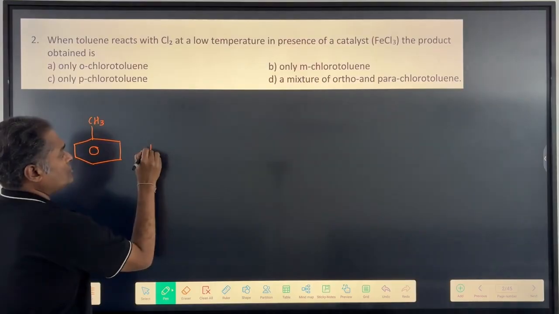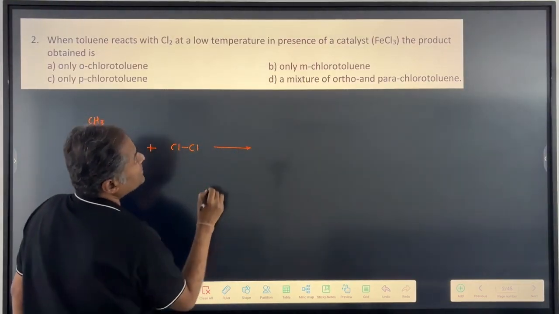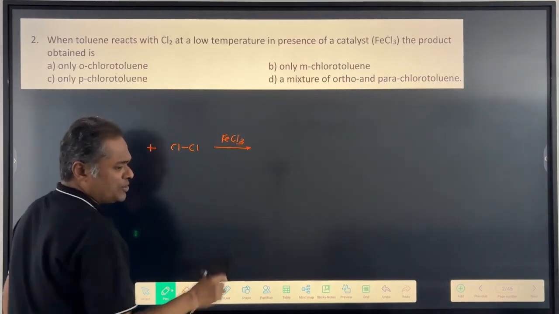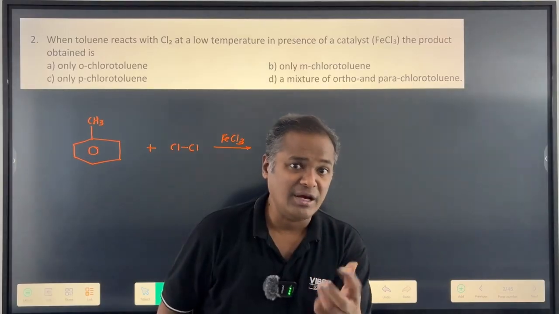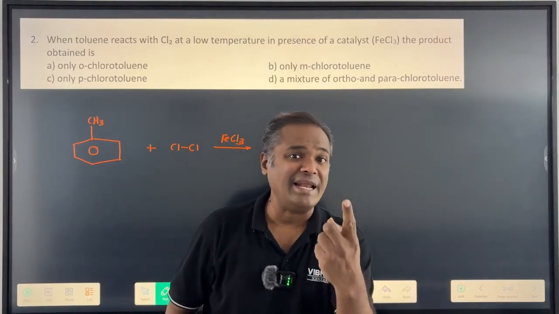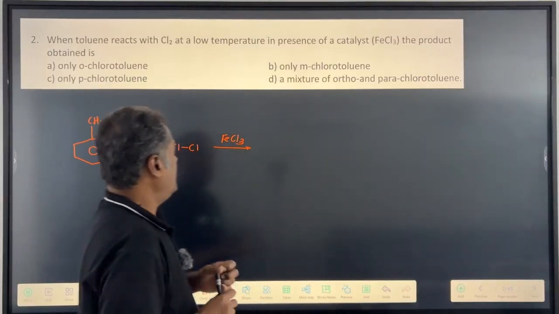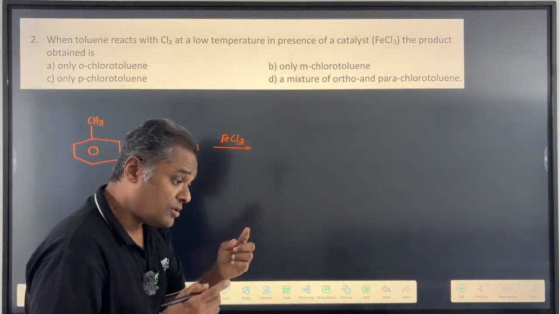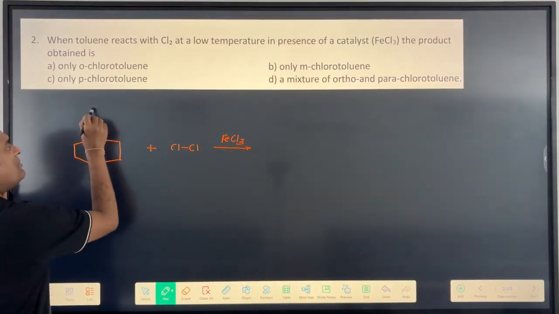Now when you treat a toluene molecule with chlorine in the presence of FeCl3, do you remember, this is a reaction of benzene, and benzene shows which reaction? Electrophilic substitution reaction. Now my question is, the chlorine will be the second member to enter on the ring. When a second member has to enter, you should know which is the first member present on the benzene ring.